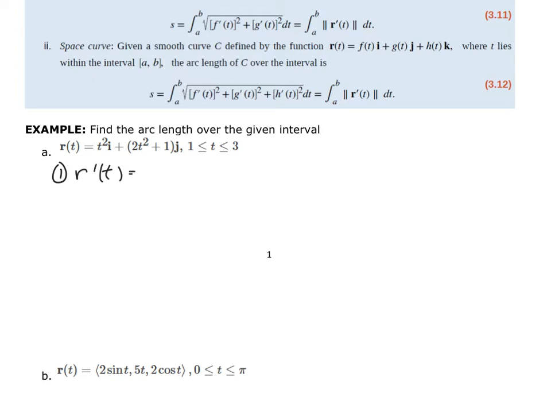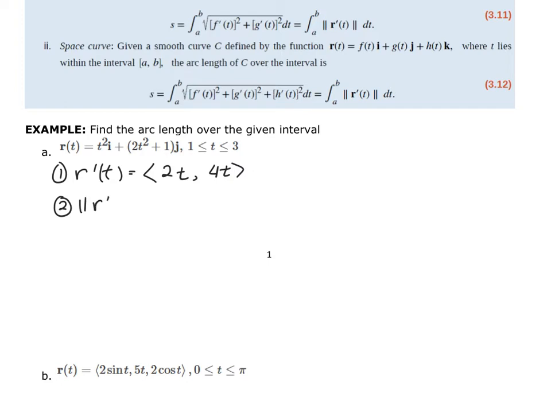Somebody asked me why I'm in i, j, and k. Well, let's go ahead and put it in component form. And so I end up with 2t, and then the derivative of the second component is going to be 4t. So after I find my derivative, the second thing I'm going to do is find the modulus.